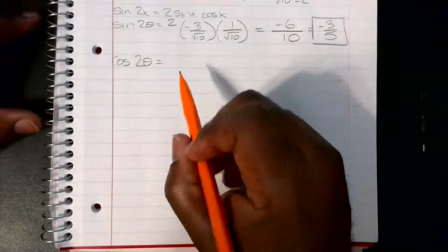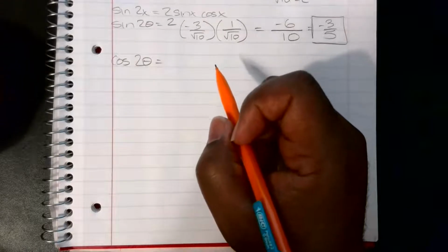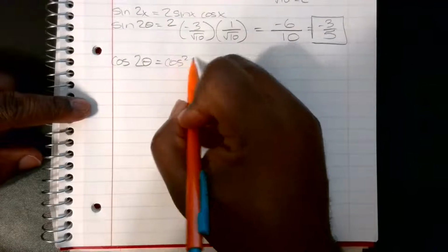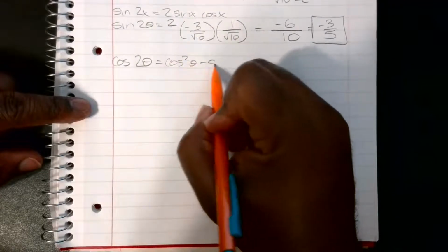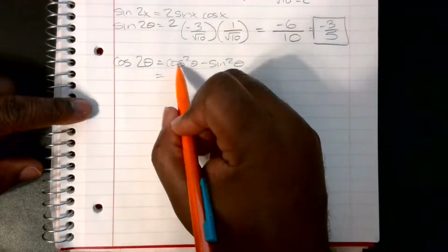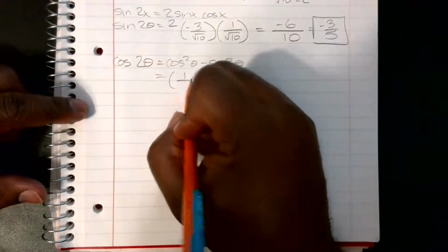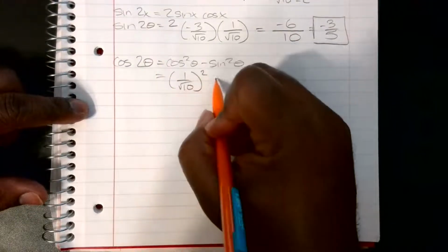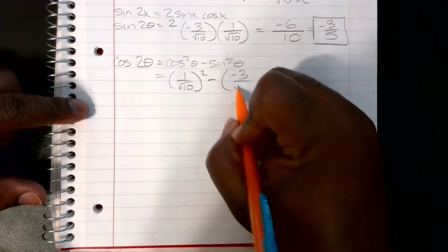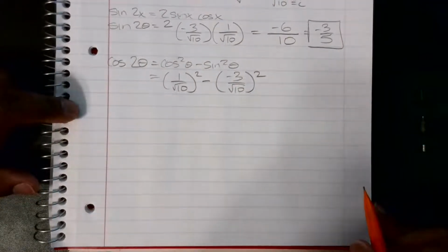All right, so the cosine of 2 theta is equal to, there are a few different ways that we can do it. We'll do the cosine squared minus sine squared. So this is equal to cosine squared theta minus sine squared theta. This just means cosine of theta, quantity squared. So cosine of theta is 1 over root 10, squared, minus sine of theta, which is negative 3 over root 10, squared. Now, a property that you can use on these is that if I have a fraction A over B squared, that is the numerator squared over the denominator squared.